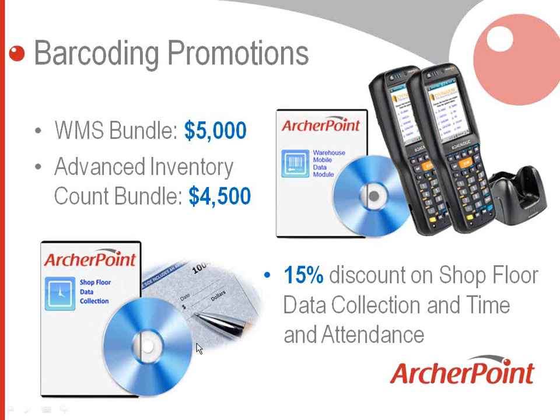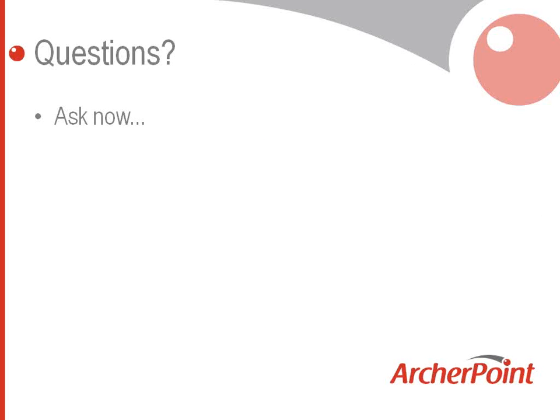And then if you're looking at time and attendance or shop floor data collection and integration with payroll and all that kind of stuff, there's a number of different options out there for that type of software, and there's a 15% discount on that type of software. Okay, so that's a little bit on the costs that you might be facing on the software side. If you need specific costs, just call your Archer Point guy, and they'll hook you up with a quote. All right.